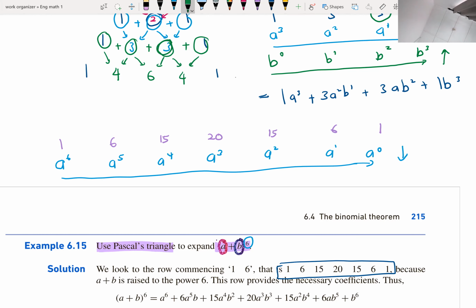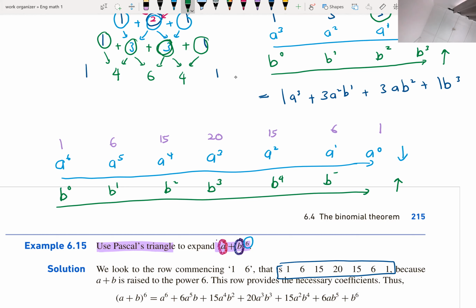Next is B. From left to right it will be increasing: 0, 1, 2, 3, 4, 5, and 6.